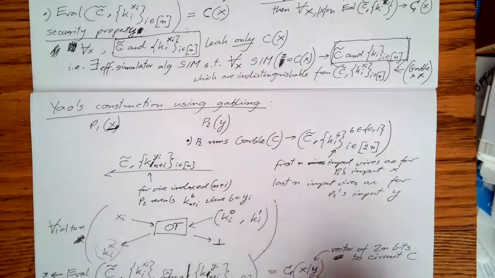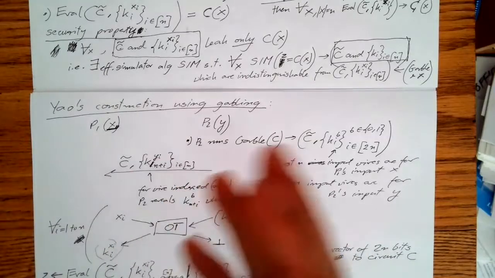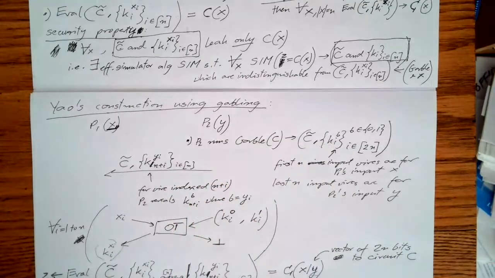So you get security for both parties from security of OT and from security of a garbling scheme. The fact that the round complexity is constant is okay, it's right here.